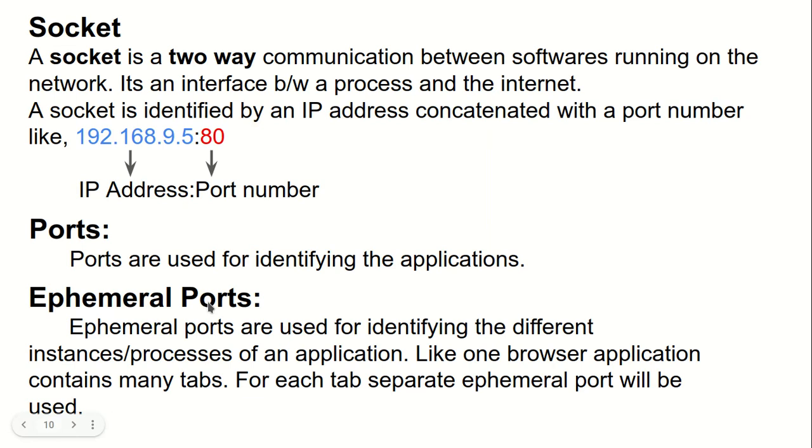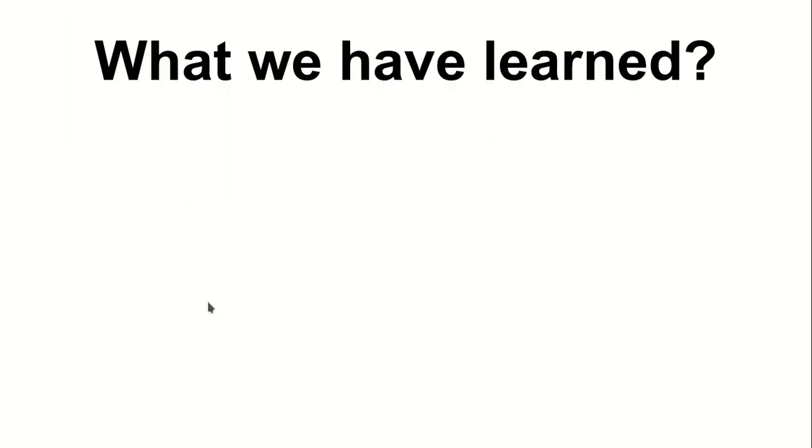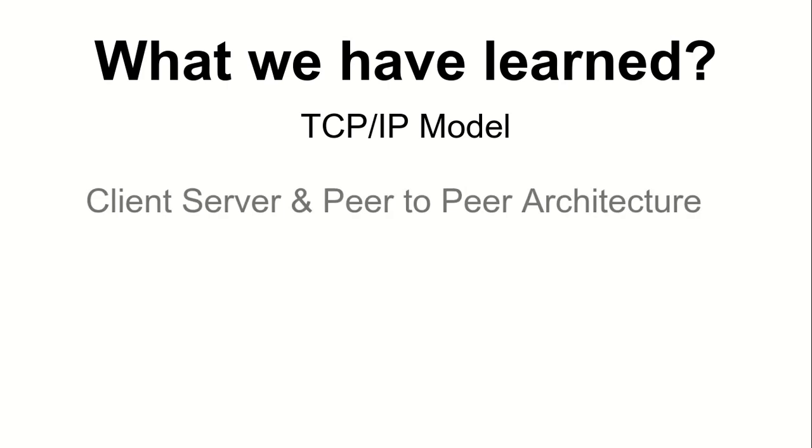So what we have learned today: I have shown you what the TCP/IP model is and the first layer of it, the application layer. We have not discussed the other layers of the TCP/IP model; we will be discussing them in the upcoming videos. After that, the client-server and the peer-to-peer architectures were discussed, and the hybrid architecture is also discussed.